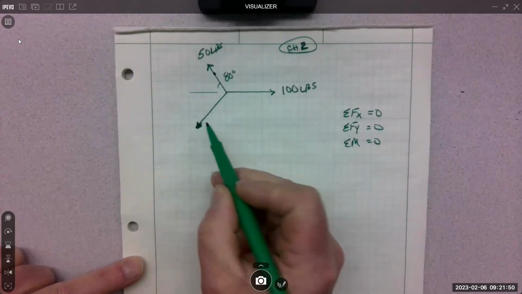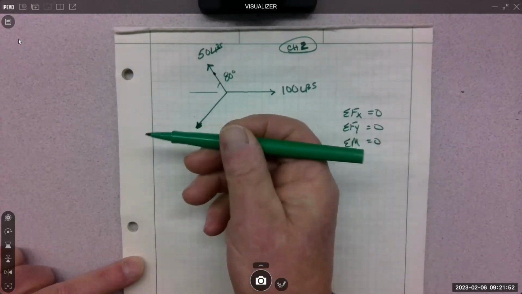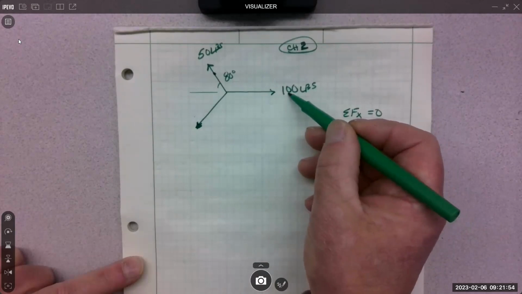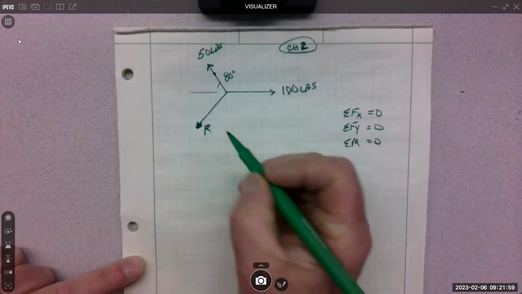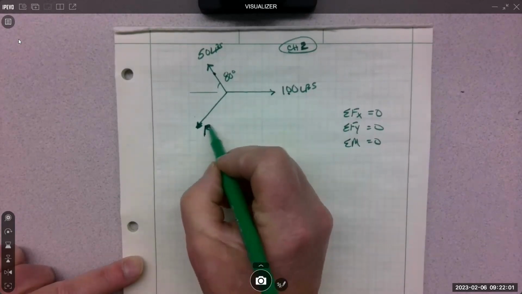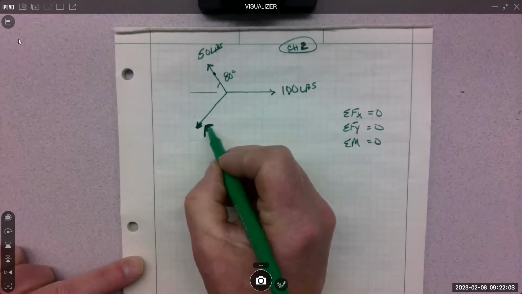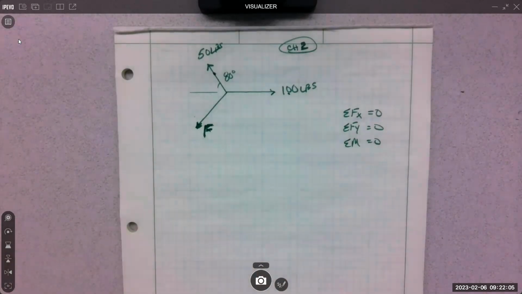And it must have left effect to fight the right effect. This now is going to be what I call, I'm not even going to call it R, I'm going to call it F, right? F is going to put my system in equilibrium.